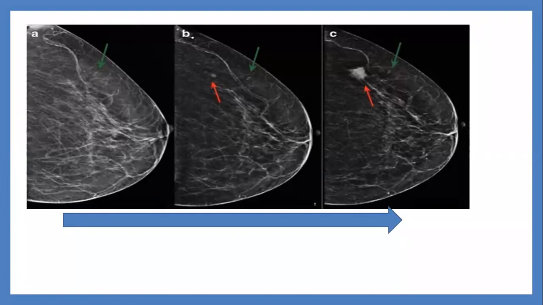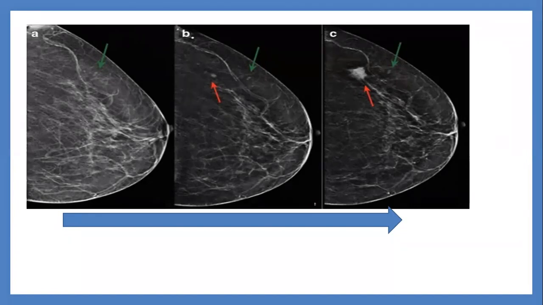We call it developing density, or opacity, developing asymmetry, focal opacity, developing asymmetry. Okay, developing asymmetry. Yeah, you forgot the earliest lectures. We call it developing asymmetry.